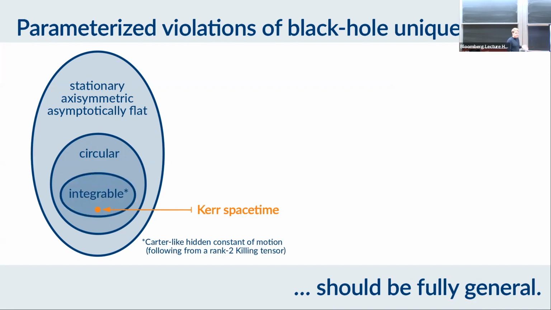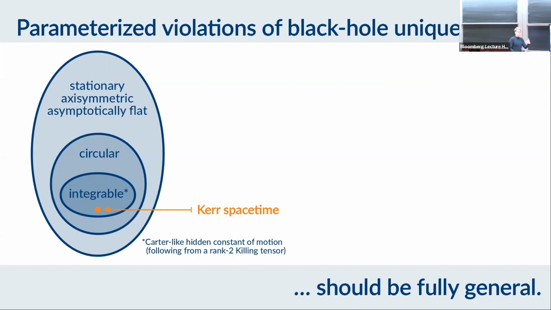And then you can go even further, and there's another subclass in which the spacetimes are integrable. So you have a hidden constant of motion, which is very useful mathematically, right? Because then you have single integrals which you can at least express. But again, this need not be true for all the spacetimes that we want to look at.